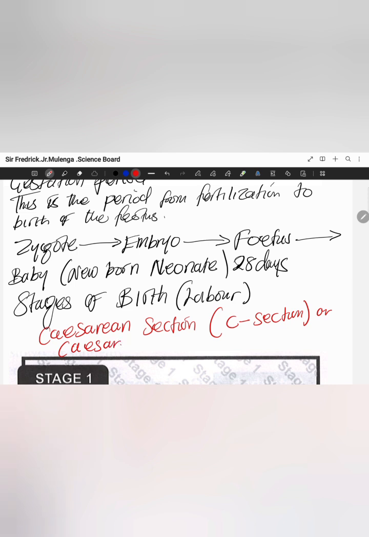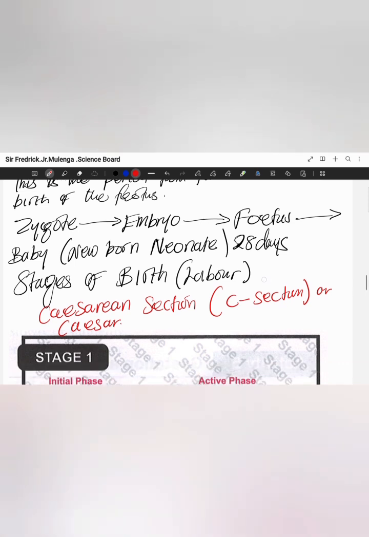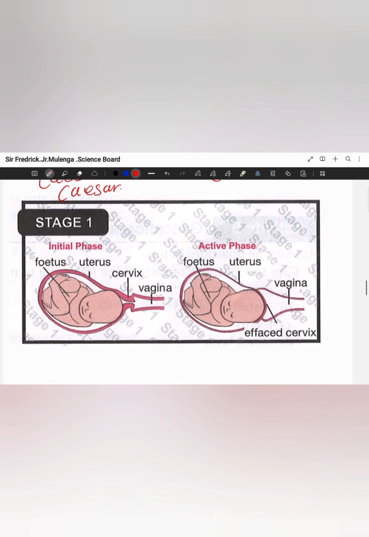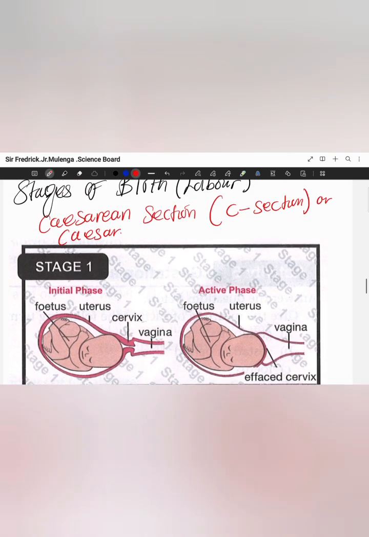The surgical procedure involving the cesarean is where the woman is cut on the abdomen, making a small slit where a baby can be taken out of the uterus. That is what happens in a Caesar. Natural birth has to take place through the vagina, or what we call the birth canal. Now let's discuss this natural process of normal childbirth.